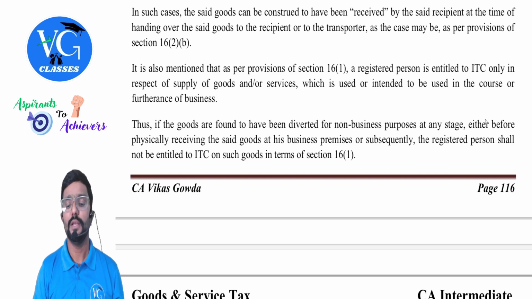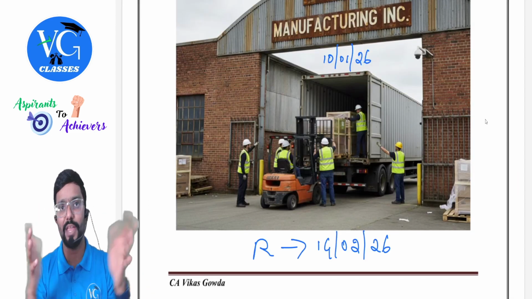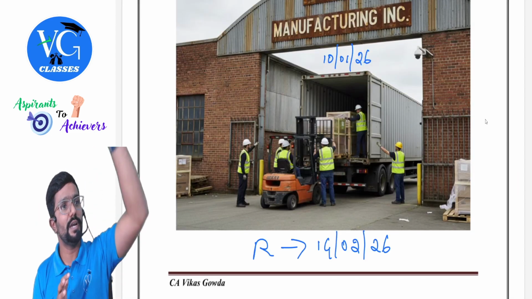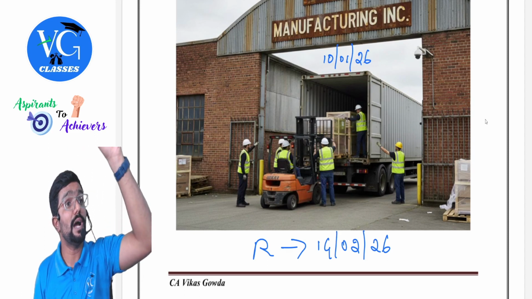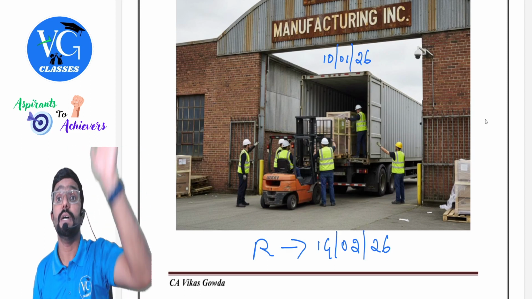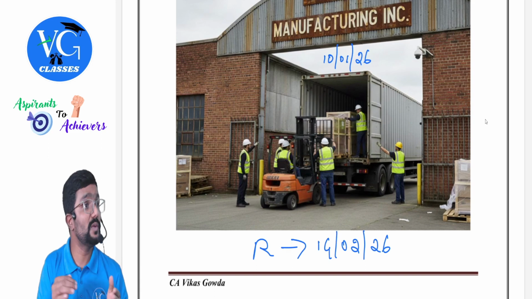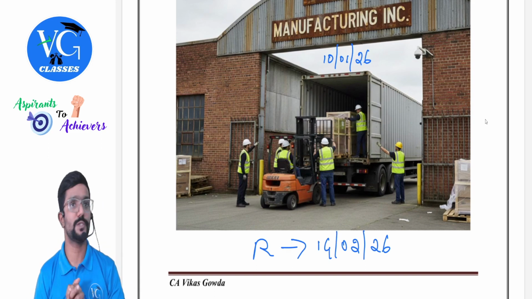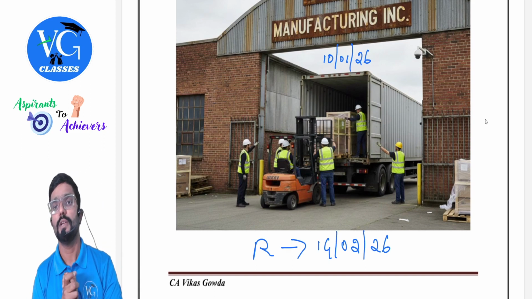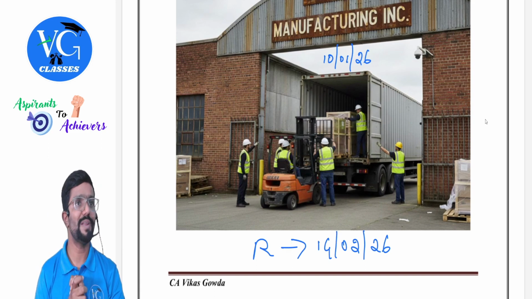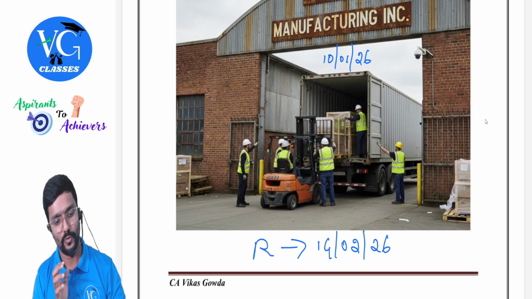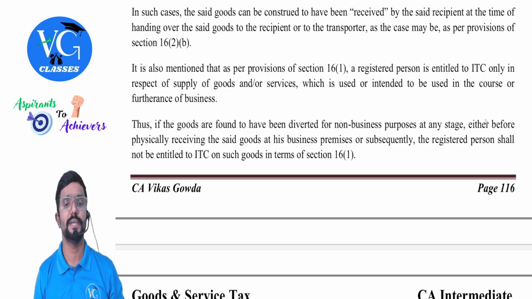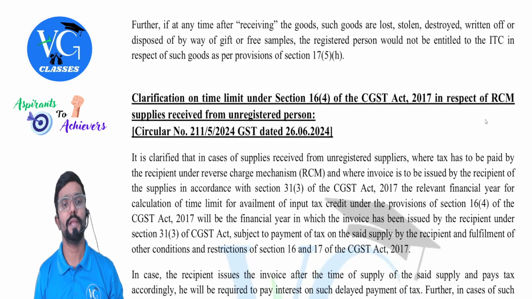Now, for example, sir, the supplier loaded the goods into the vehicle. Now, the vehicle went and unloaded the goods at the residence of the recipient, where the goods will be used for personal use or personal consumption. Will credit be available for the recipient, guys? No. Credit will not be available. Only if it is used for business purpose, credit can be claimed by the recipient.